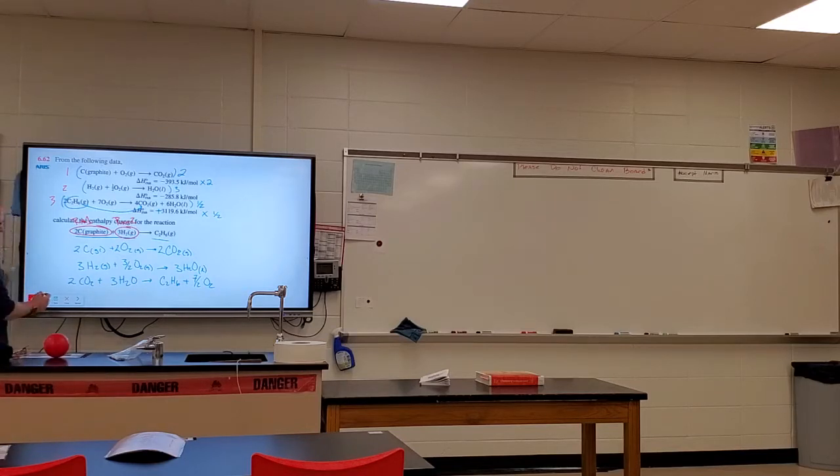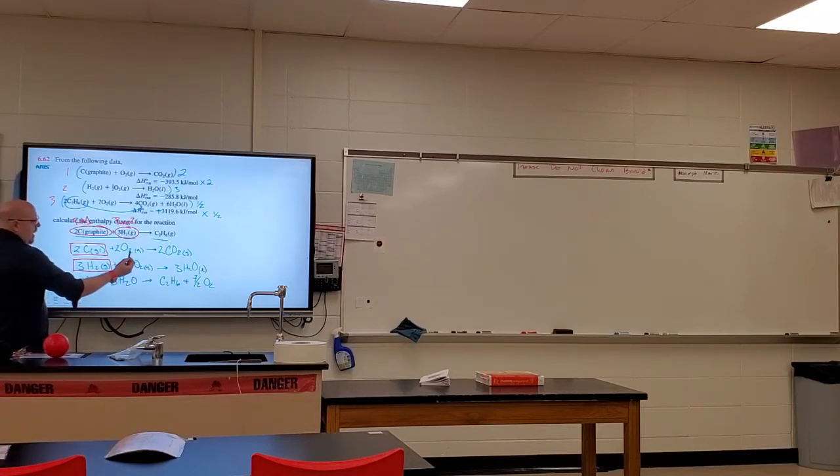So we're going to try to cancel out. This stays, there's nothing to cancel out with. Hydrogens, they stay. How many oxygens do I have on the reactant side in total? I get 7 halves, because you can look at this as 4 halves.